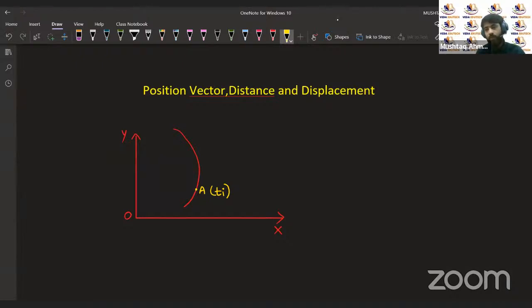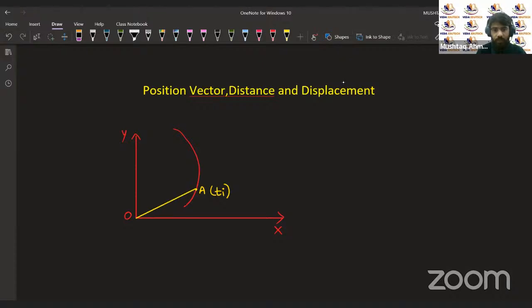And we know that the position of a particle is represented by the vector from the reference point, and here the reference point is the origin. So let's draw a vector from this point, that's the reference point, to this particle.